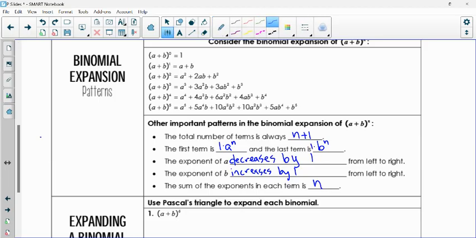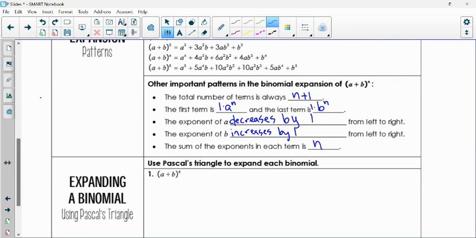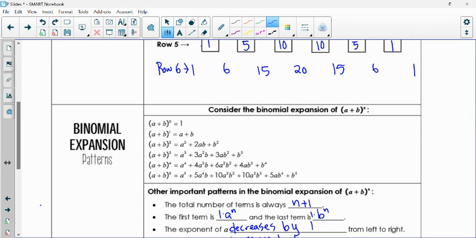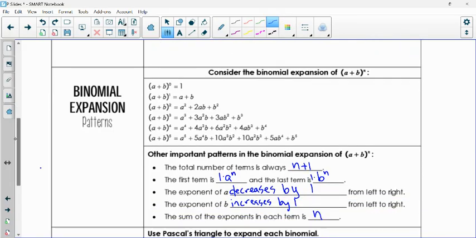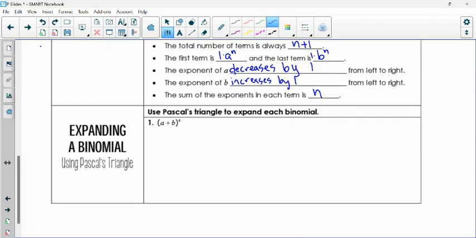So, how can we write a plus b to the 6th in expansion form? We already have row 6 of our Pascal's triangle because we just wrote that down. So just so I don't have to keep writing, I'm going to rewrite it up here.